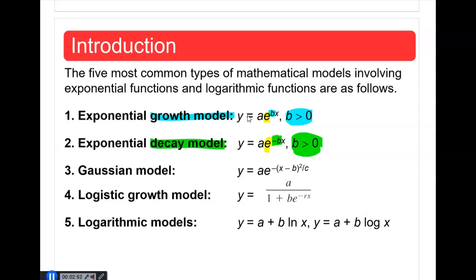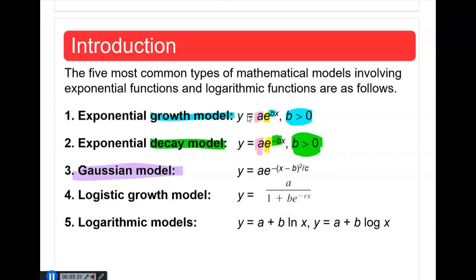And the letter A is actually representing a real number, and that could be a number that is bigger or smaller. It could be positive, it could be negative, and also it could be bigger than 1 or smaller than 1.